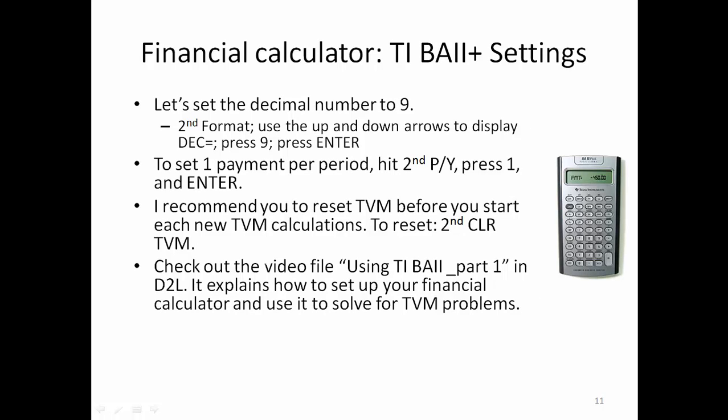I have a video uploaded in D2L that explains how to set up your financial calculator, BA II Plus, or if you have a Texas Instruments 83, 85, or 89, you can also use that kind of calculator. I have videos to explain how to use your financial calculator to solve time value of money problems. So I highly recommend you go check out those videos. They provide very detailed step-by-step explanation about how to solve time value of money problems.